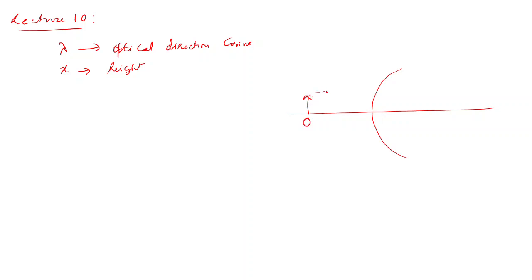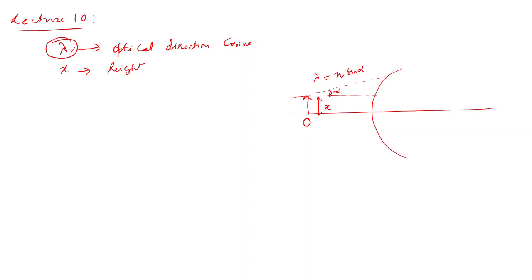If my ray of light is going this way, I can draw a line here, and if I call this angle alpha and this height x, then lambda, the optical direction cosine, is what we defined as the refractive index of that medium times sine alpha.